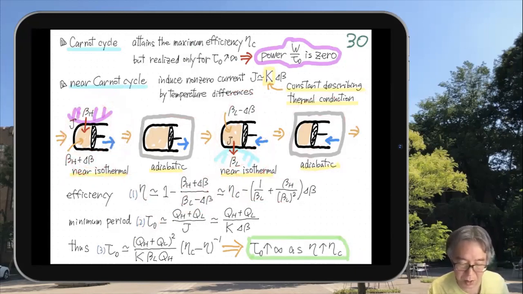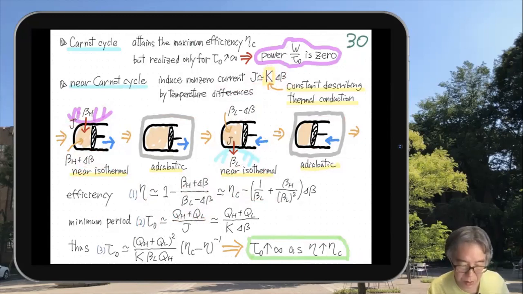Since in total we want to transfer heat QH plus QL, I assume that the induced heat current is given by some constant K times the temperature difference, like this. So this K is some constant which depends on the material and how you make contact between the engine and the heat bath. But anyway, this is something related to thermal conductivity. So I assume that there is such a constant.